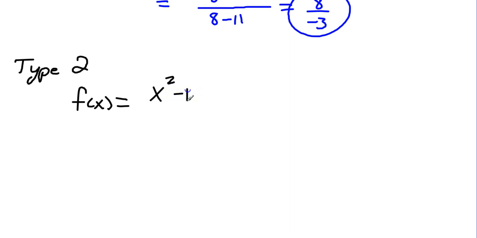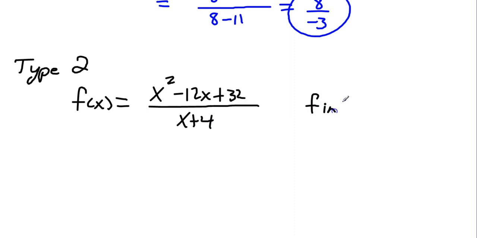You've got x squared minus 12x plus 32, and that's over x plus 4. They gave you the option on the first one, so it is a possibility. Even on this first one back up here, it's still a possibility, but probably not on that one. This one, there's a good chance you may get this one to pop in there.